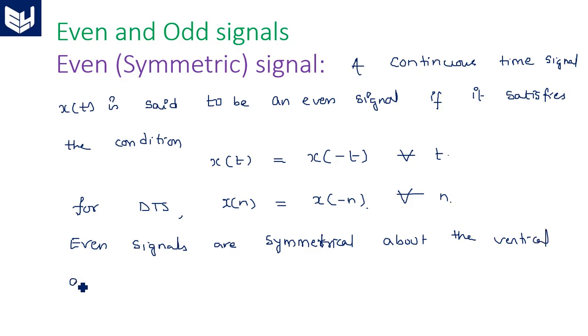That's why they are also called symmetric signals. Even signals are symmetrical signals about the vertical axis.